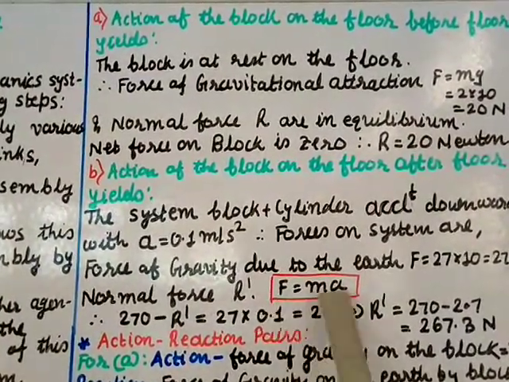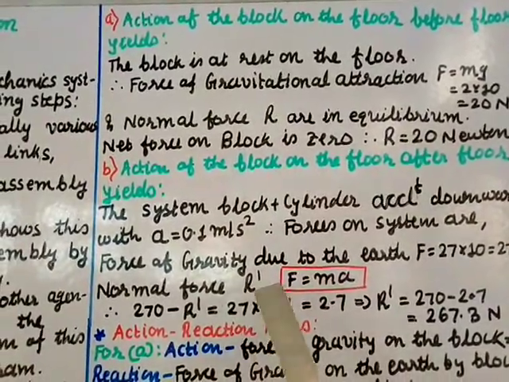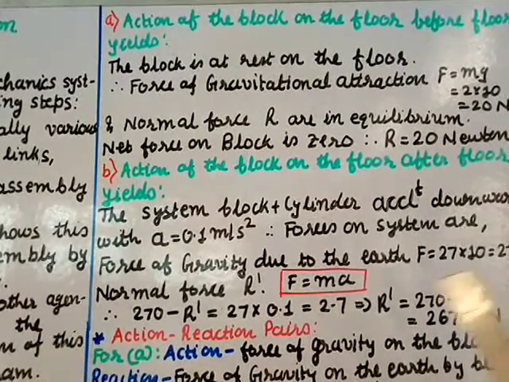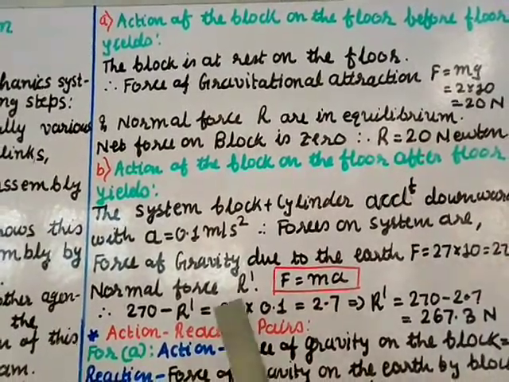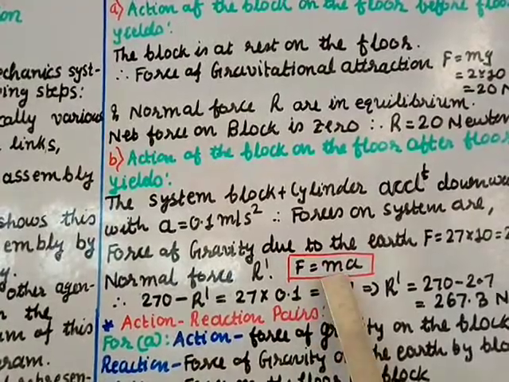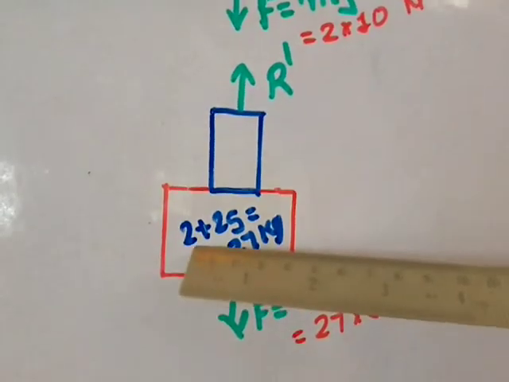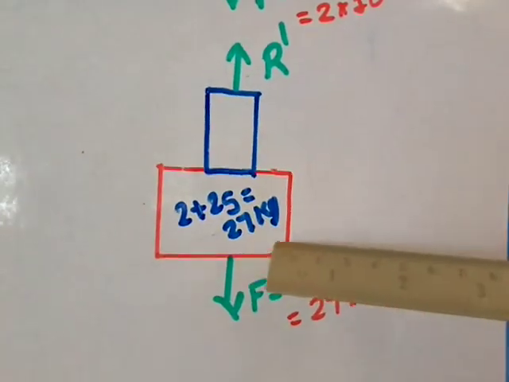So these are the forces acting on the system of block and cylinder. Now we'll use F equal to ma, this formula, and we'll calculate the value of R dash. Force will be the resultant of the gravitational force and the normal force, that is 270 minus R dash equal to m a. Now the total mass will be mass of the wooden block and the cylinder, that is 2 plus 25, which is 27.